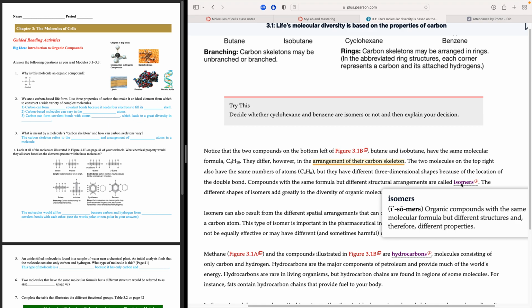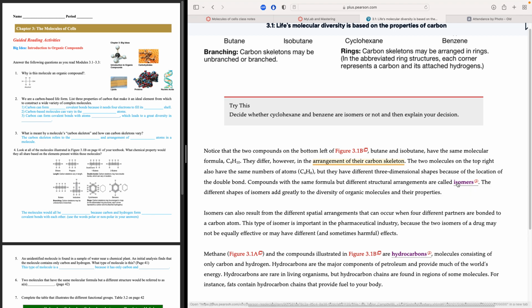Carbon skeleton means that carbon is the main molecule connected to itself. The carbon skeleton refers to the carbon and arrangement of atoms in a molecule. Structure. The arrangement of the structure.